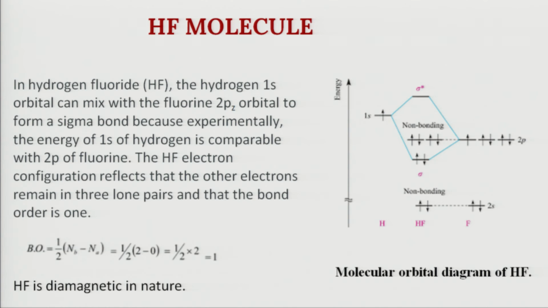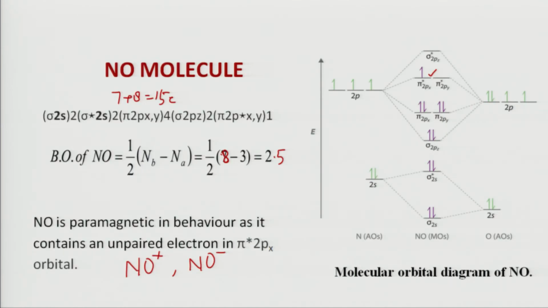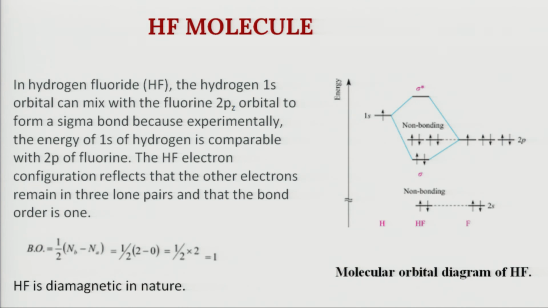The next molecule is the HF molecule. For HF, H has 1s and F has 2p with electrons in it, and the electronegativity of the two is so different for hydrogen and fluorine.